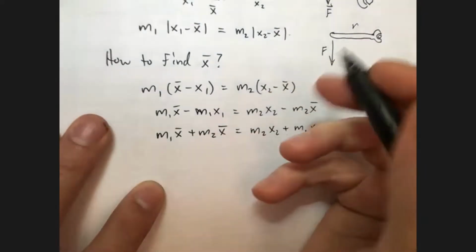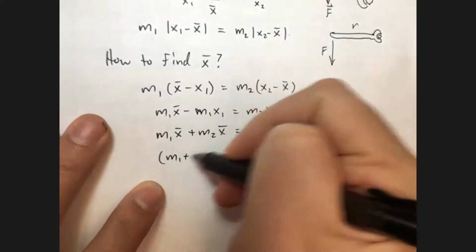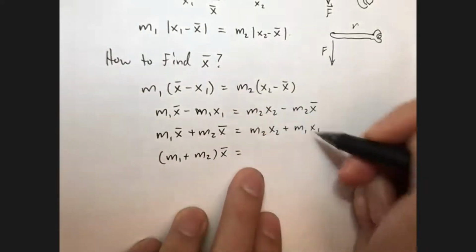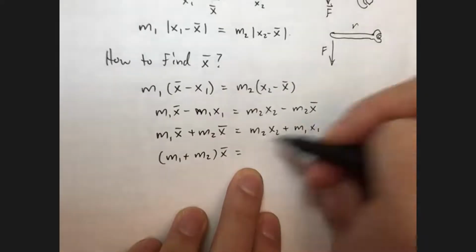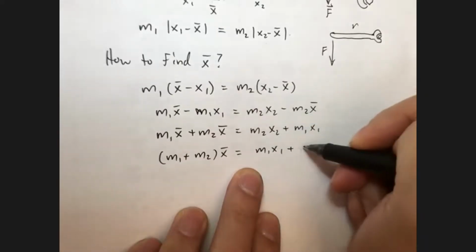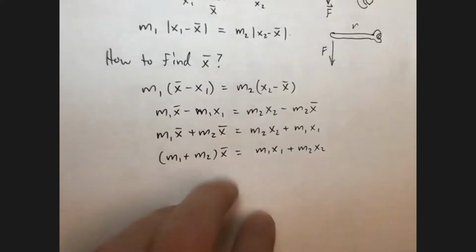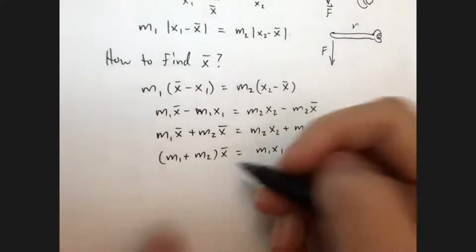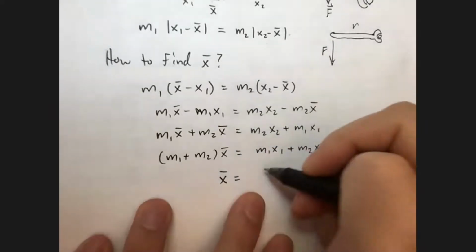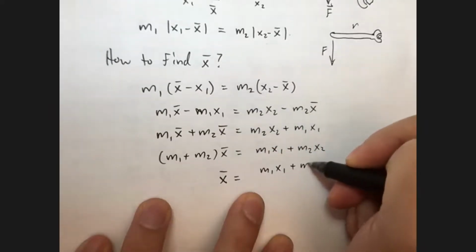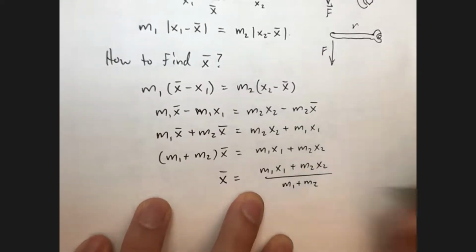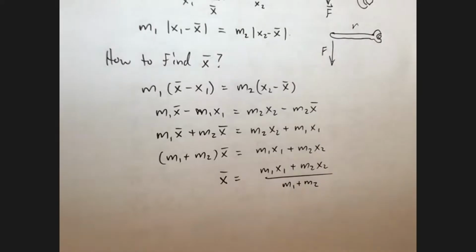So this is really just m1 plus m2 times x bar. And I'm going to write m1 x1 plus m2 x2 over here. And now I'm solving for x bar, so I'll divide through by m1 plus m2. Okay, so there's our formula for the center of mass.